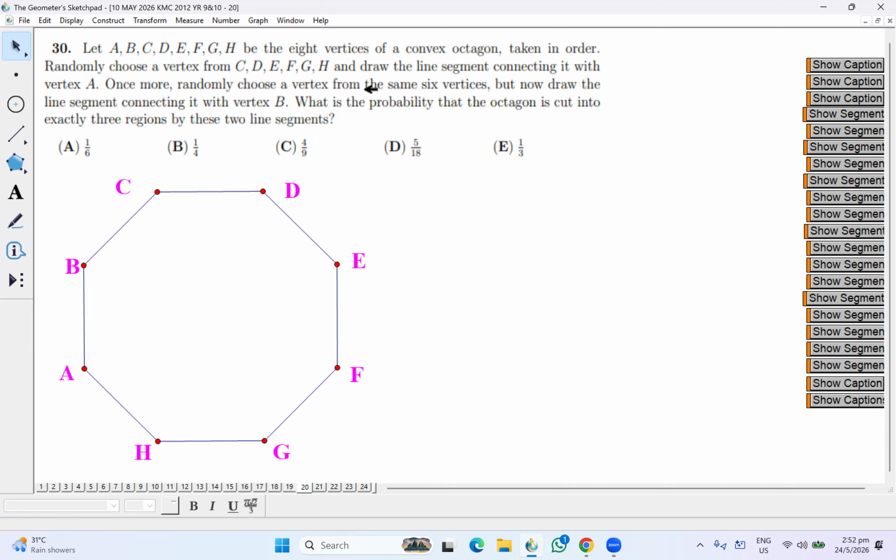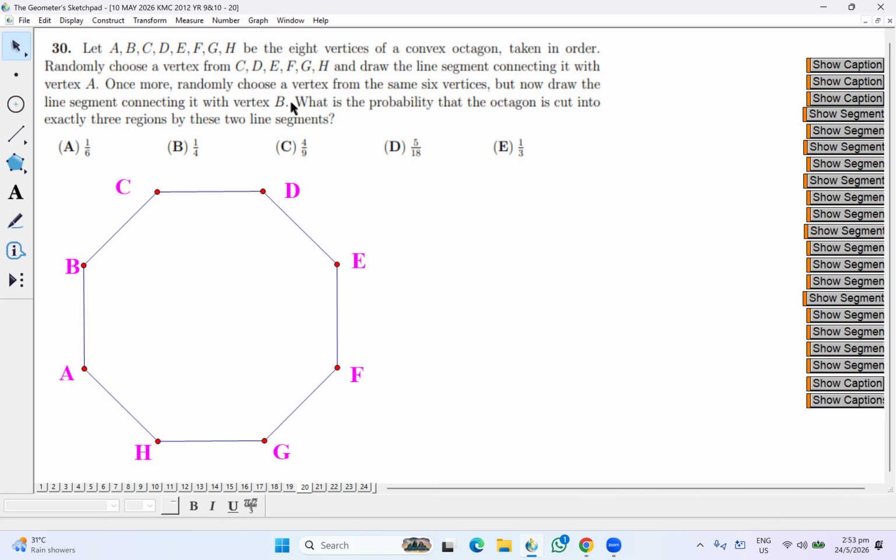Randomly choose from the same 6 vertices. And now draw a line connect to B. So you draw 2 lines only. First time you choose 1 out of 6, join to A. Second time you choose from the same set, C, D, E, F, G, H. Then you join to B.